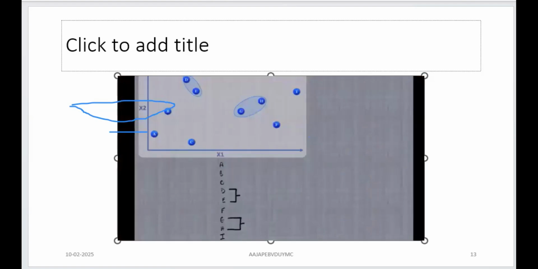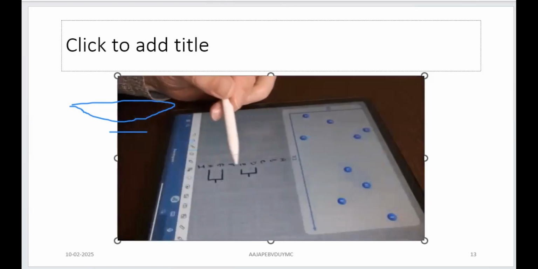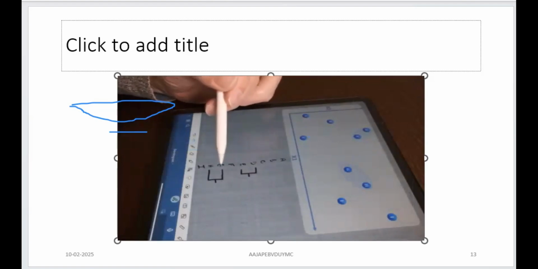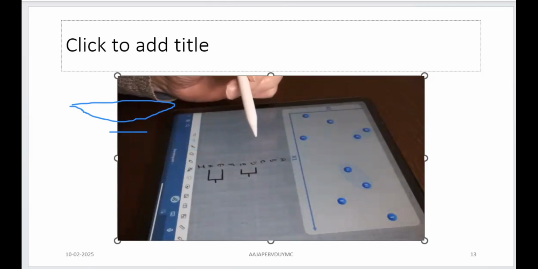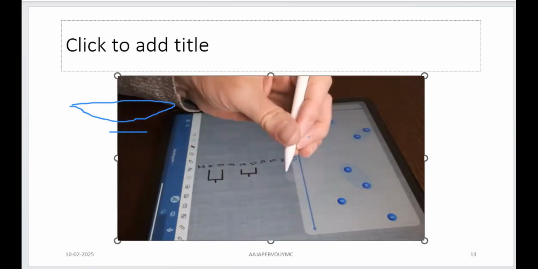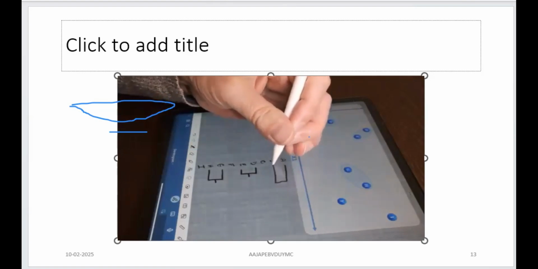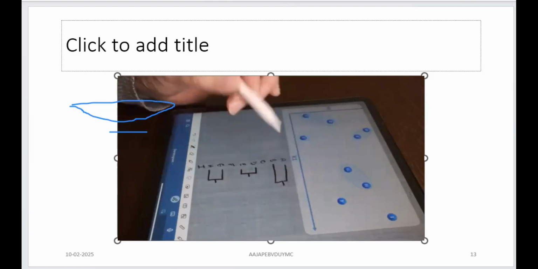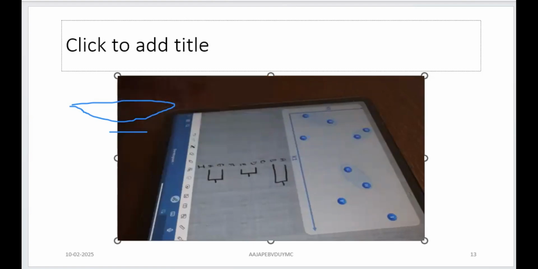And D and E are similar. E and H have some similarity, but the distance is different. Just observe it carefully.